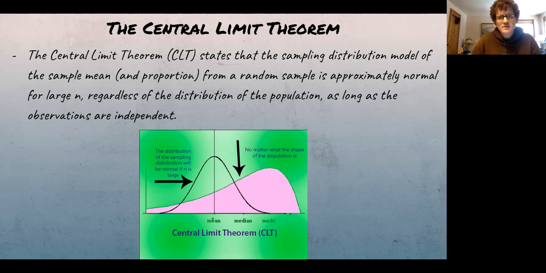We can always create a normal distribution. And when we can create a normal distribution, we can just use our normal CDF. So that's where this all comes back to. And are there questions on this?